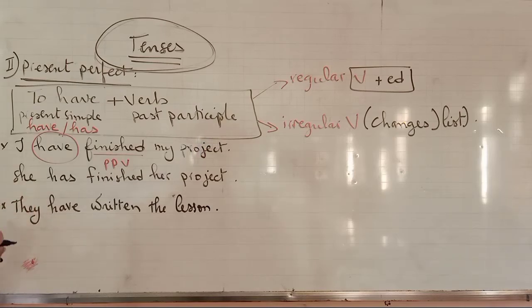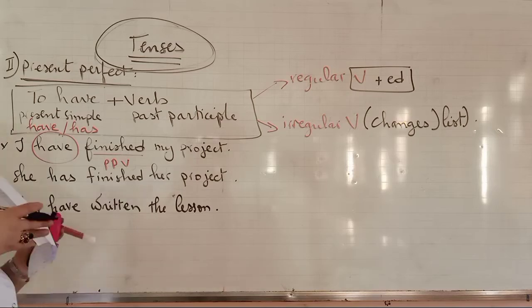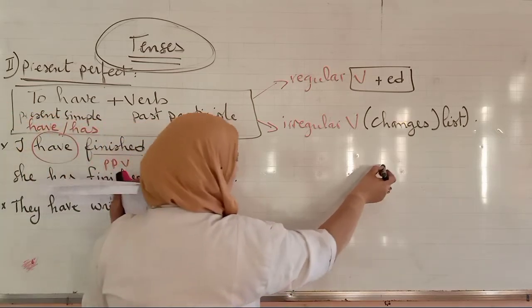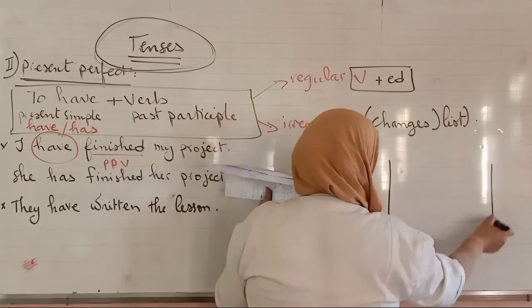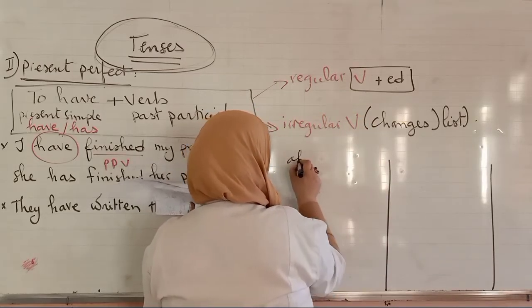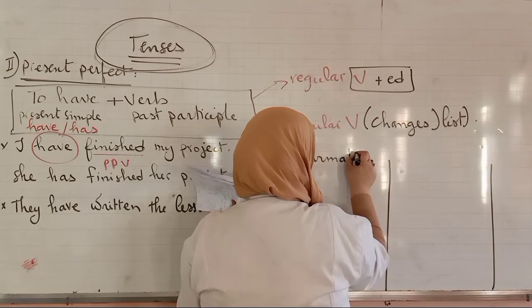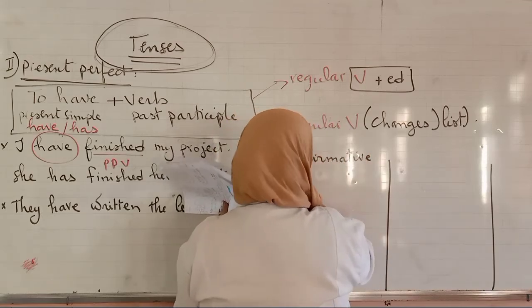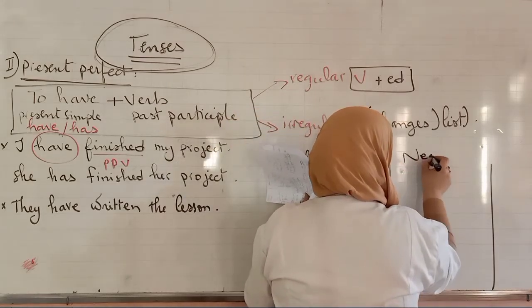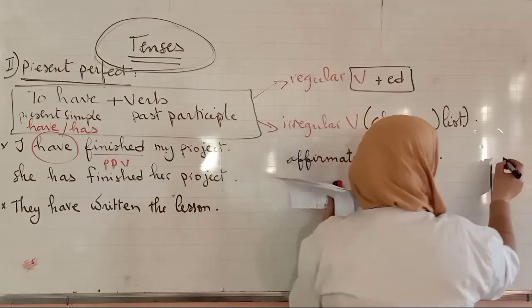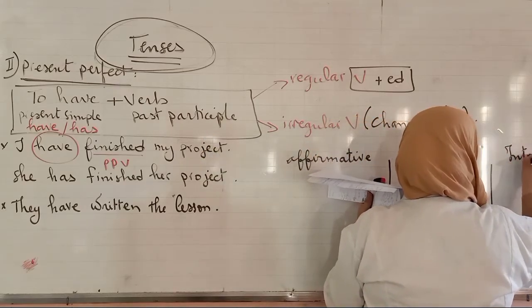And this tense also has forms. We have the three forms that we focus on. We have affirmative, we have negative, and we have interrogative.